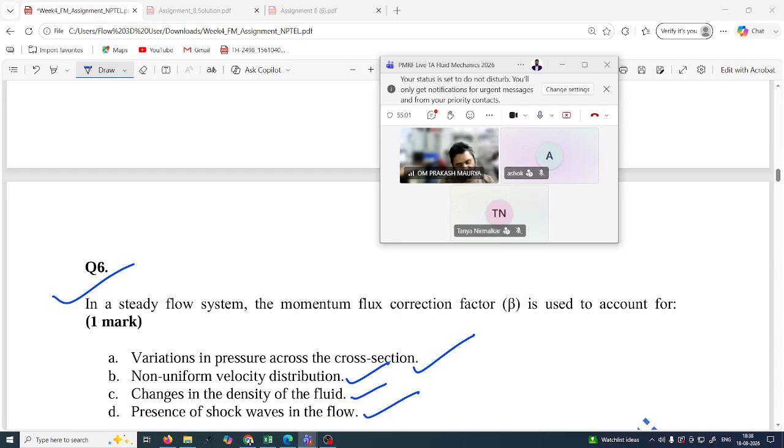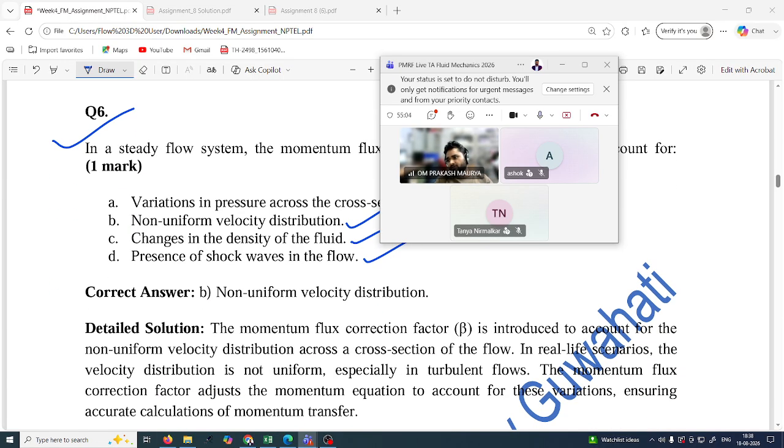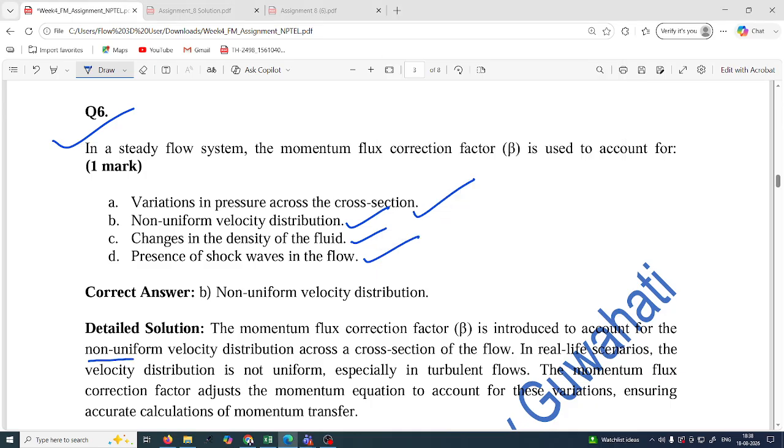Okay, so let me just show you the answer. So here option B is correct. Non-uniform velocity distribution. So momentum flux correction factor beta is introduced to account for the non-uniform velocity distribution across a cross-section of the flow.